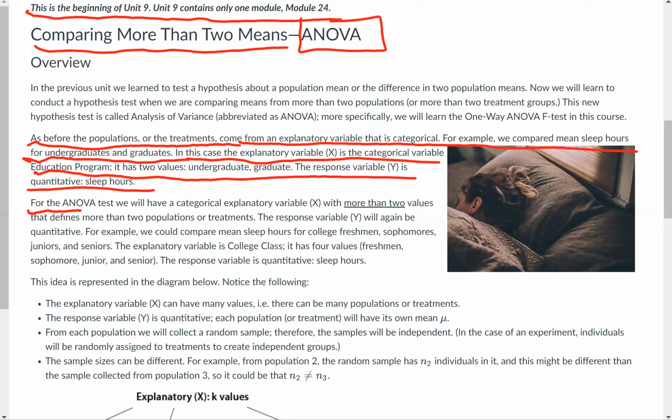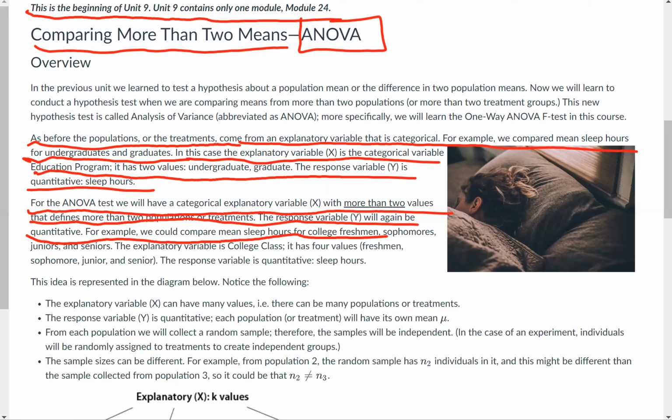For the ANOVA test, we will have a categorical explanatory variable X with more than two values that defines more than two populations or treatments. The response variable Y will again be quantitative. For example, we could compare mean sleep hours for college freshmen, sophomores, juniors, and seniors. That's four different categories, so we need four different means.